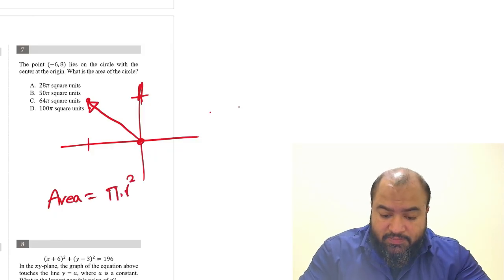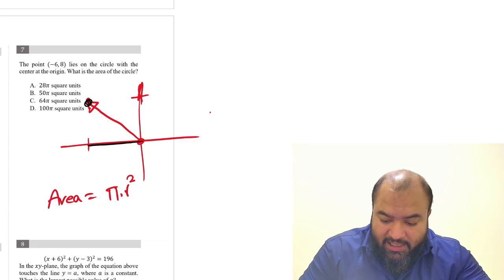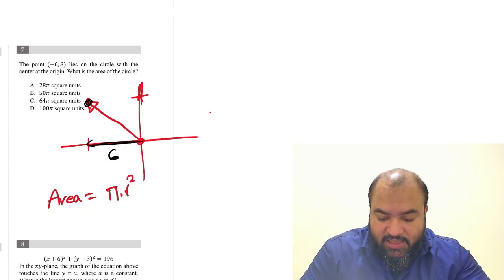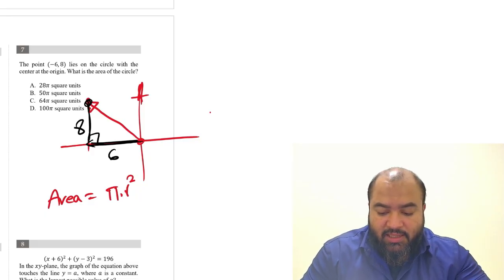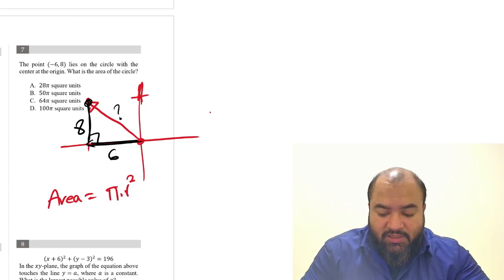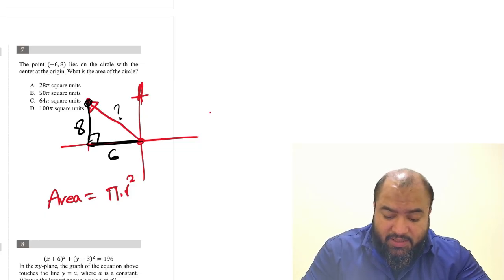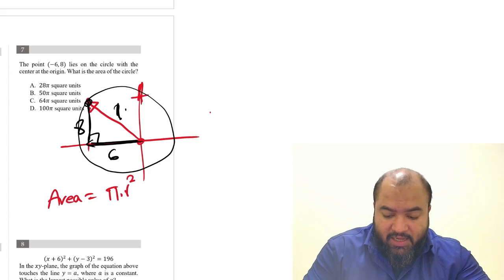So first of all, in order to go to this point, we had to go 6 to the left. So 6 is the distance of this line, and we have to go up 8, right? It's a right triangle. We can use the Pythagorean theorem to find the length of this radius, because the circle is passing through something like this. So this radius, we know that it's 6, 8, 10 by Pythagorean triple.